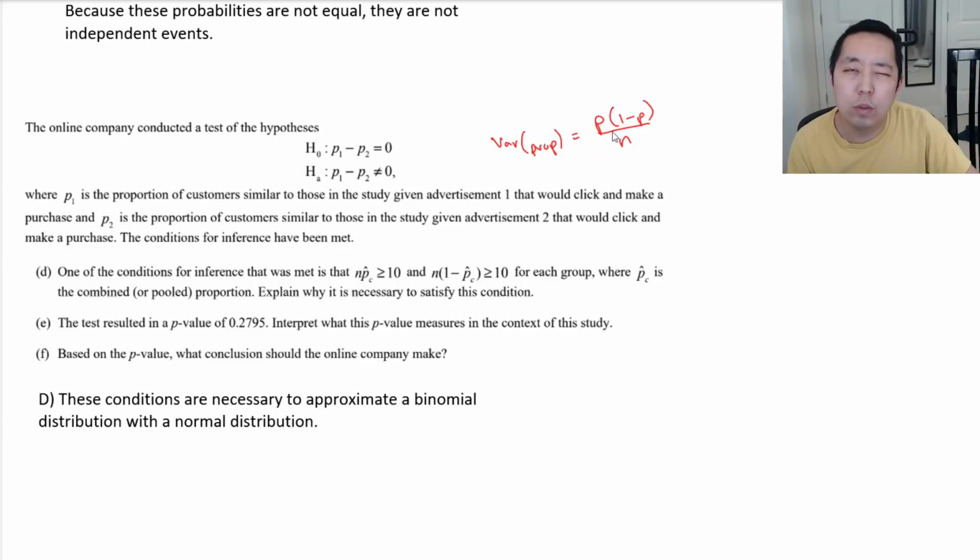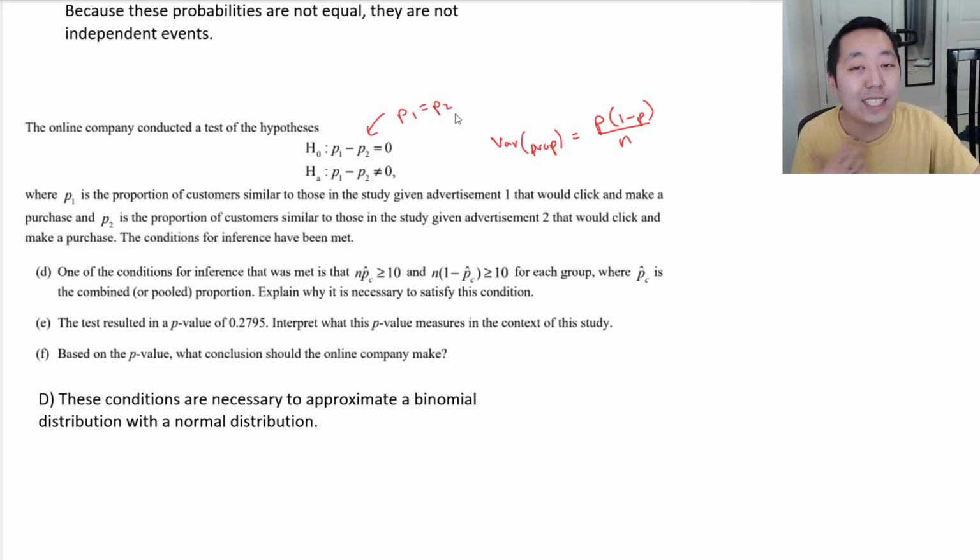So what that takes away is that p is the only thing that affects the variance. And in this case, remember, you're always doing your analysis with the null hypothesis. The null hypothesis is your assumption. Because you're saying that the proportions are the same, you're really saying that P1 is equal to P2.